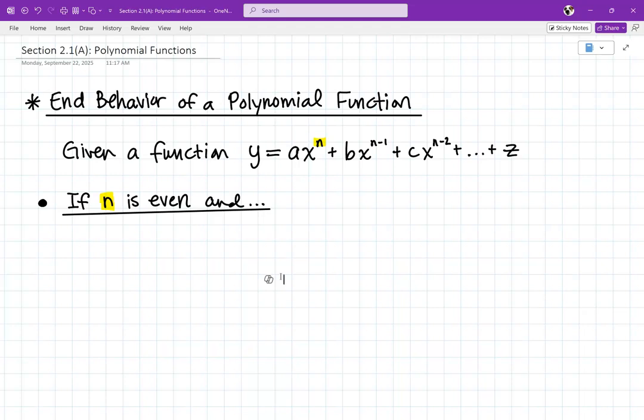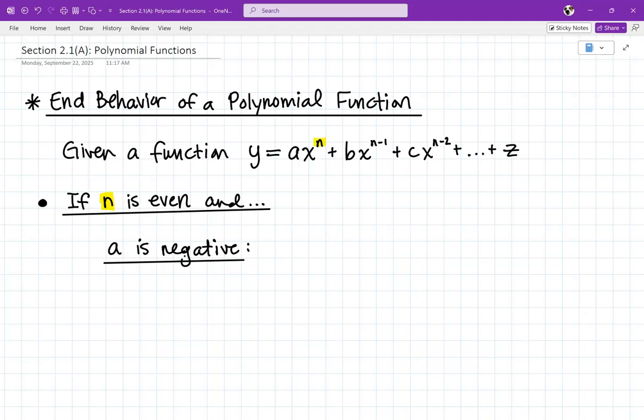So if n is even and a is negative, so your leading coefficient is negative, in other words, if I wrote y equals negative 3x squared, so even power, negative number in the front.